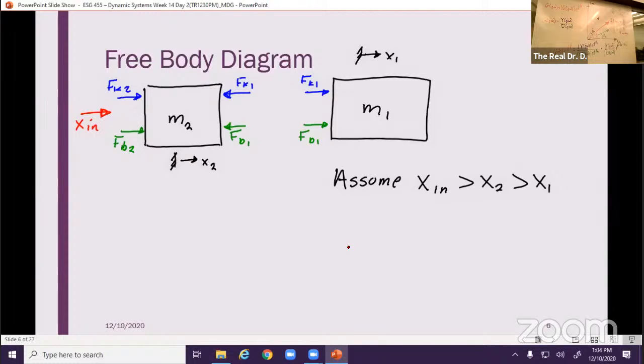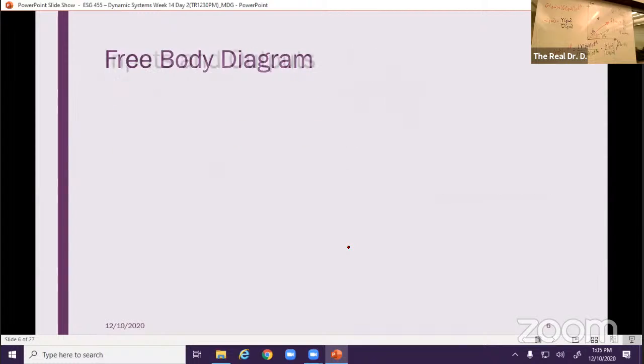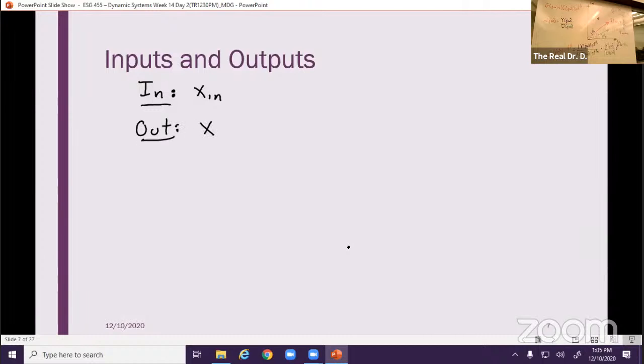We've got our free body diagrams. Next thing, right, we determine our inputs and our outputs. Well, for this particular case, our input is shockingly going to be x in, and our output is actually going to be x1. So we are interested in what?